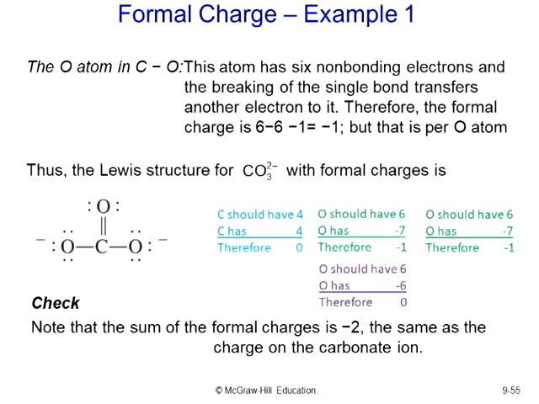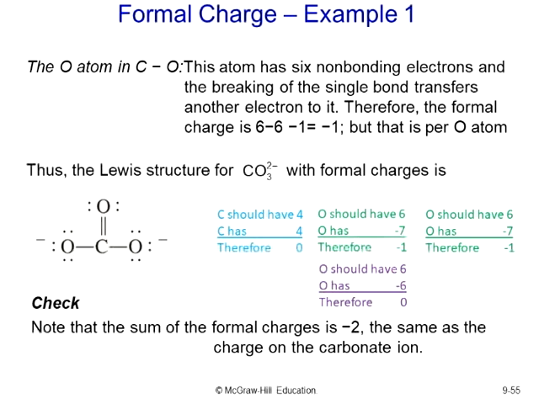We can get the same answer by the quick count method we show you here, where carbon should have 4, and it has 4, for a 0. We do the 2 oxygens that are on both sides of the carbon. Both of those should have 6, but they both have 7, for a minus 1 each. And then we do the oxygen on top, and it should have 6, and it does have 6, for 0.